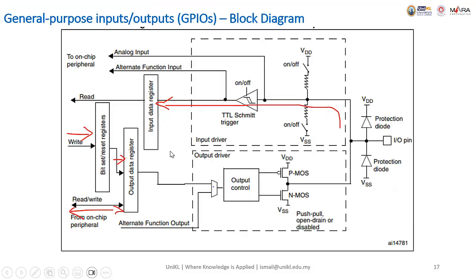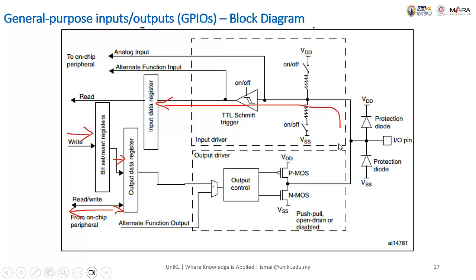Okay, so this is the general purpose input-output GPIO block diagram. In the GPIO here, we have the protection diode, right? If the voltage is more than VDD, it will be suppressed. If less than VSS, it will also be suppressed by the protection diode here.